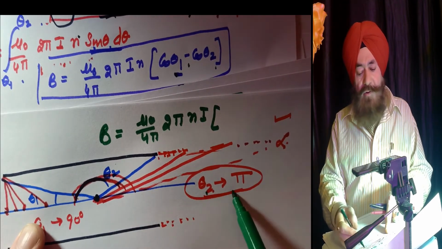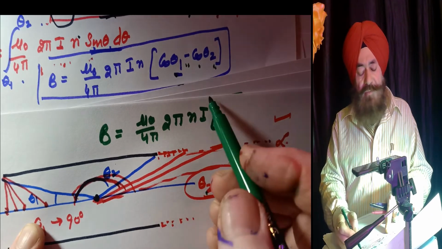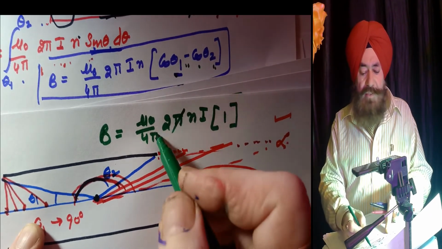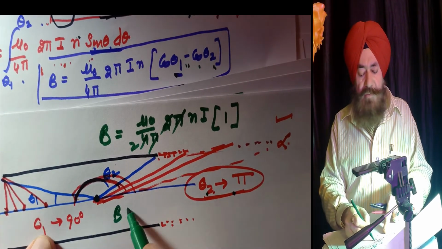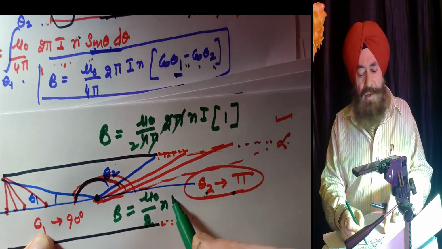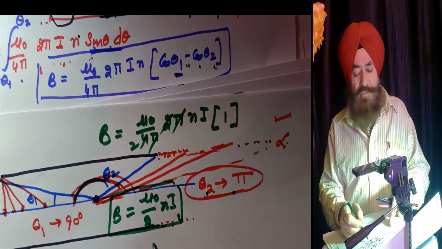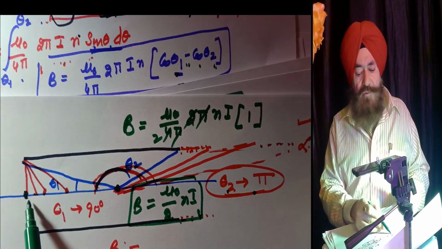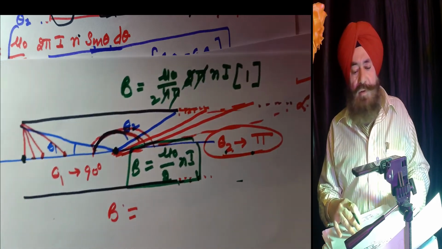What is theta 2? Pi. Cos pi is minus 1. And minus minus becomes plus, so it is 1. So pi cancels, 2 with 2 cancels, and the answer becomes mu naught upon 2 n I. So this is when the point lies at one end, and from the other end it is infinitely long.